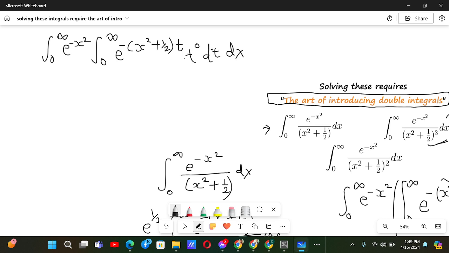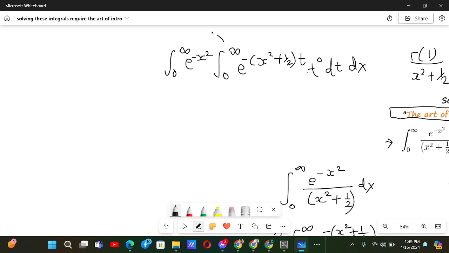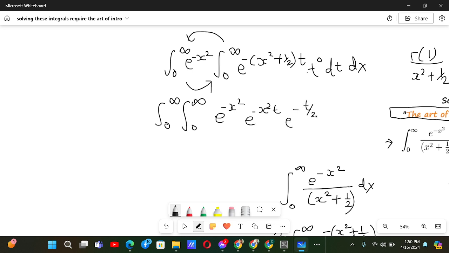You know that this is just gamma of 1 by x square plus 1 by 2, so that makes sense. And then next what we can do is we can try to interchange the integrals. If we interchange the order of the integrals, what we get is integral from 0 to infinity, integral from 0 to infinity, and then we have e to the power minus x square, e to the power minus x square t, and then e to the power minus t by 2 dt dx.